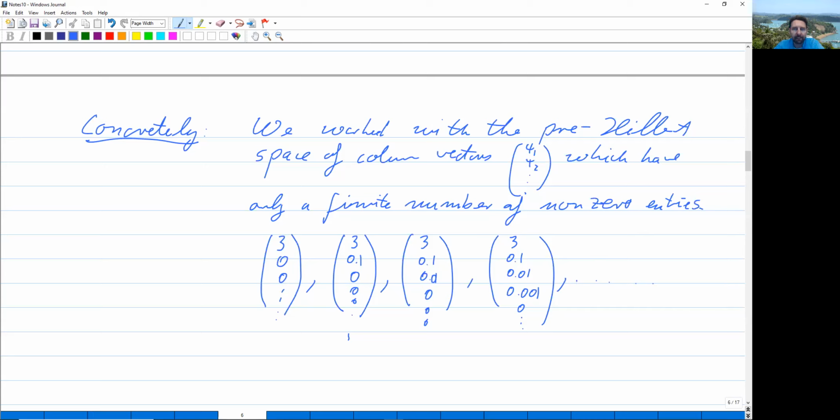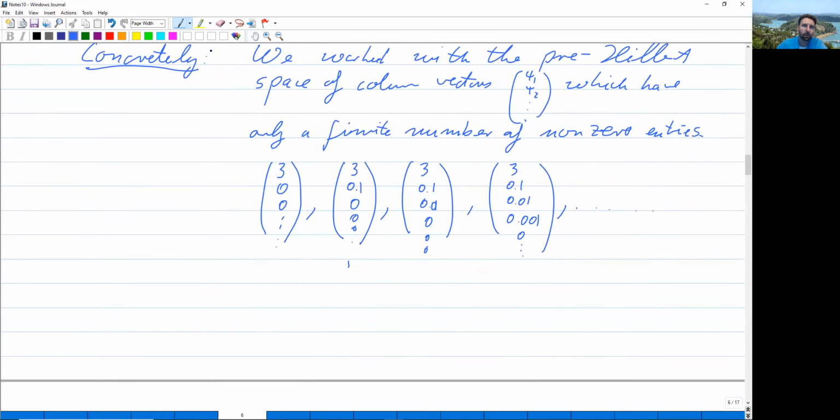But clearly, there is no vector in our pre-Hilbert space towards which this sequence is converging. Because how would that vector have to look? Well, clearly, the vector towards which this sequence converges, in this case, we can easily read it off.